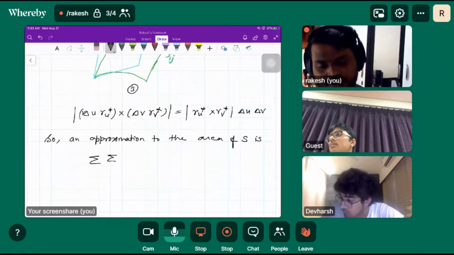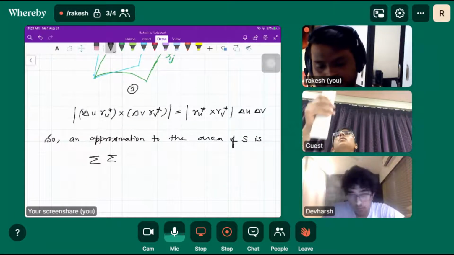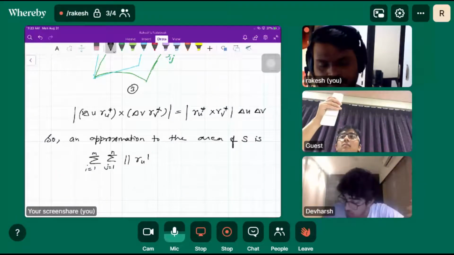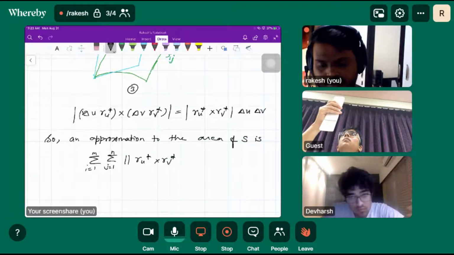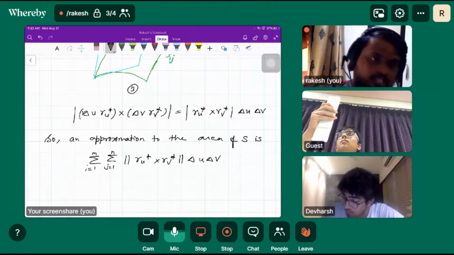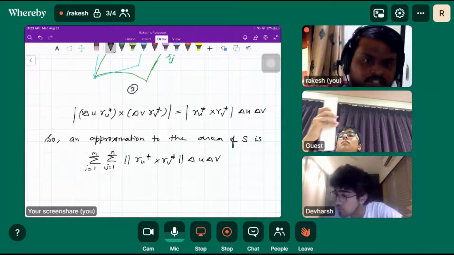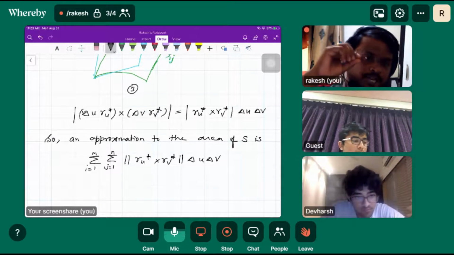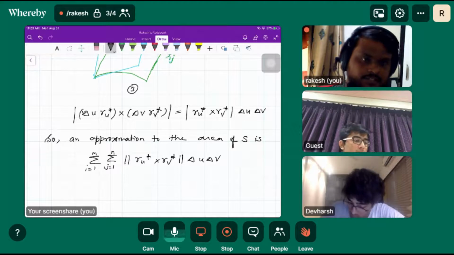So summation i goes from 1 to m, j goes from 1 to n, magnitude of ru cross rv del u del v. You understood this so far here? This will give you the area of the small patch of the surface, right?